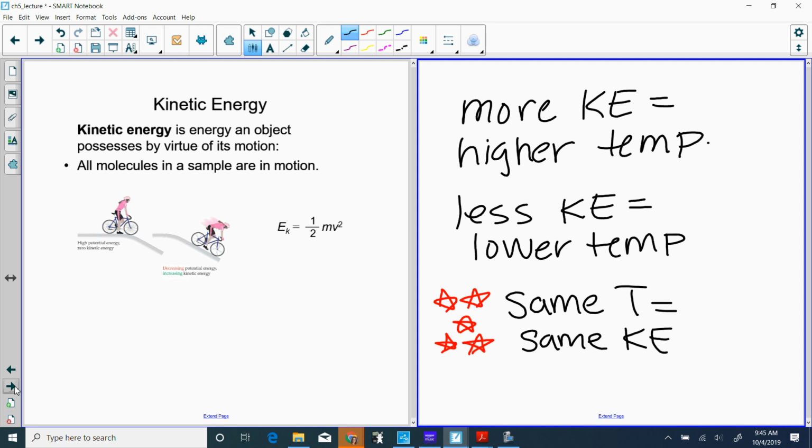It doesn't matter if it's big, if it's little, if it's a solid, a liquid, or a gas. If it's at the same temperature, it's going to have the same kinetic energy. Identity doesn't matter. 100% on the AP exam. Easy point if you remember that.